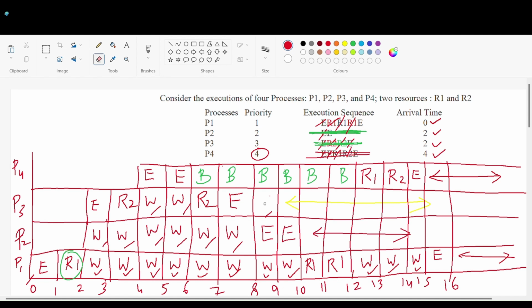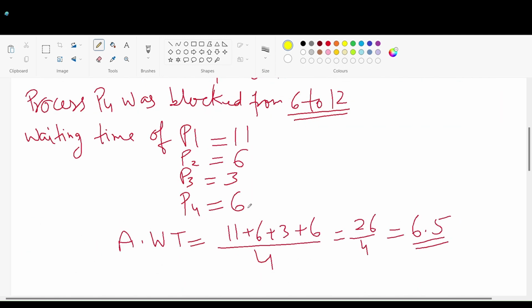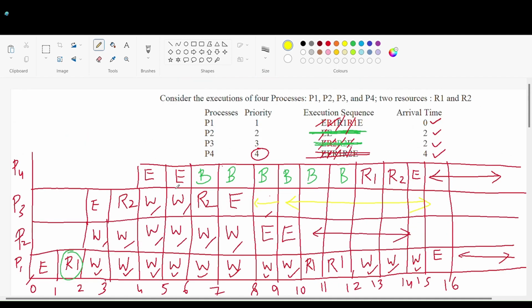P3 executes E, then R2, then R2, then E. So P3 finished its execution at this time, at 8. So the waiting time of P3 is just 2. Yes, you are correct. The waiting time of P3 is 2. So this is 25, so 6.25. This is the average waiting time.